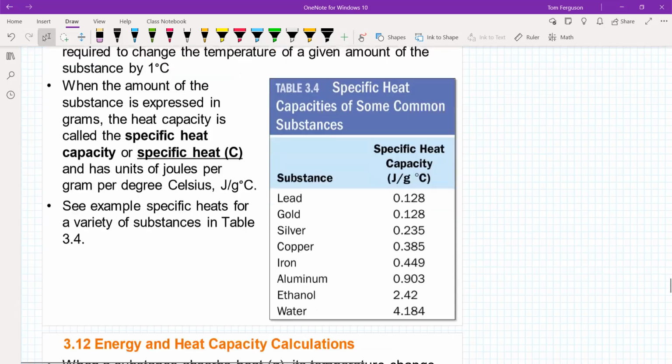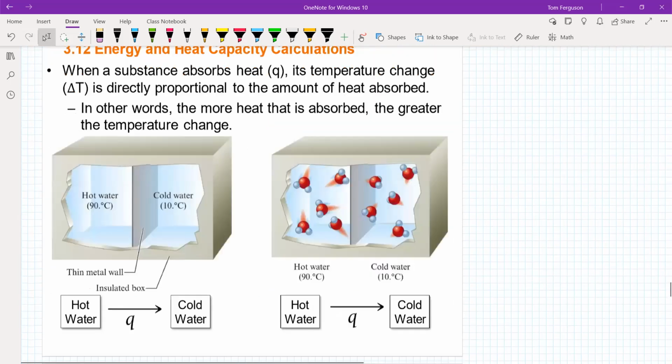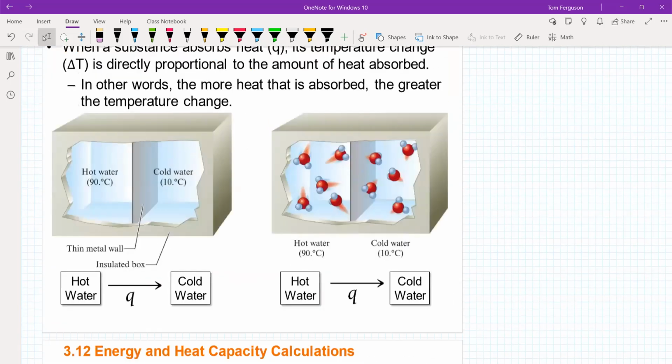Now, when they talk about heat capacity, they're talking about how much heat is required to elevate a certain amount of water a certain number of degrees. There's three parts to that. You've got to have the heat capacity of a particular item, and they're all different. They have to be given to you. You have to know the difference in the temperature change. And you also have to know the mass of what you're changing.